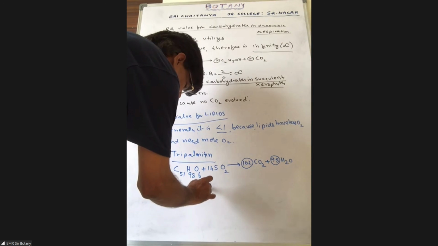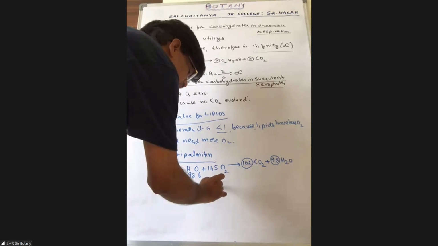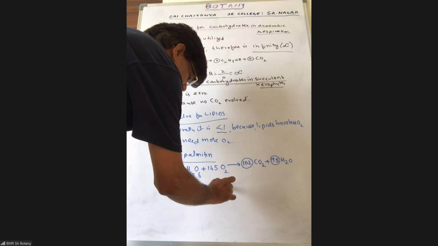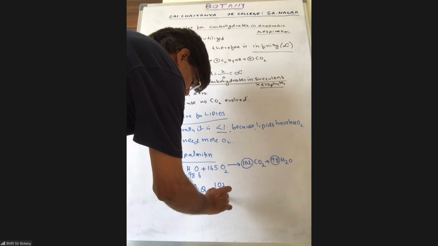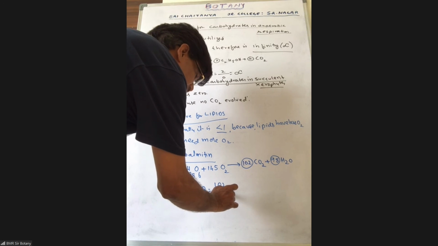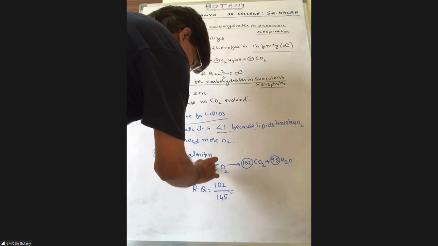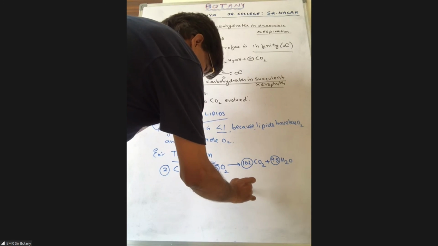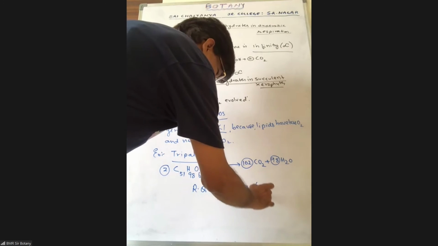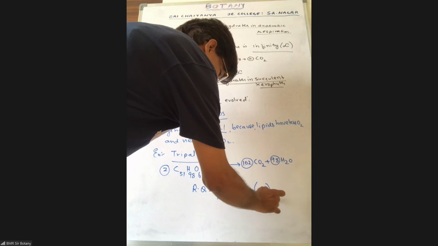So RQ value is equal to 102 divided by 145, which comes to 0.7, which is less than 1.